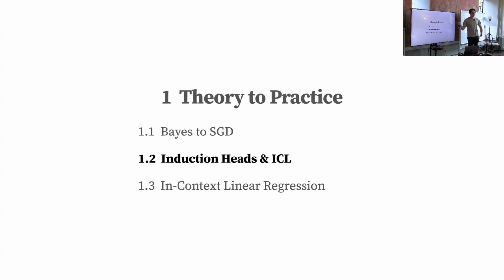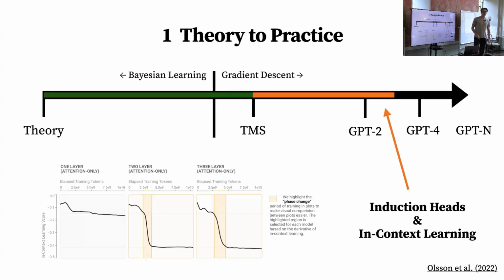We have some suggestive evidence already from work done by Anthropic's team on induction heads and in-context learning. Here I'll use in-context learning to refer to any process by which the loss decreases with the number of tokens. It's a very general notion. Some people take a more restrictive notion.